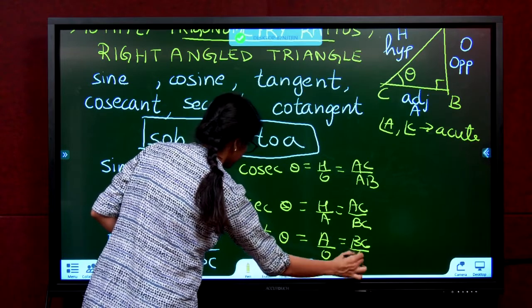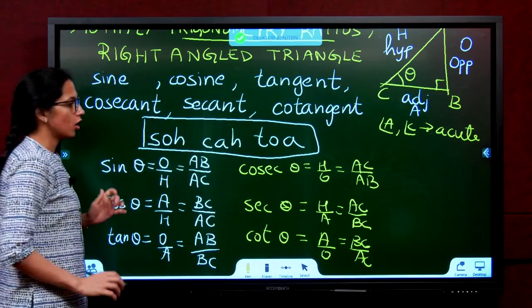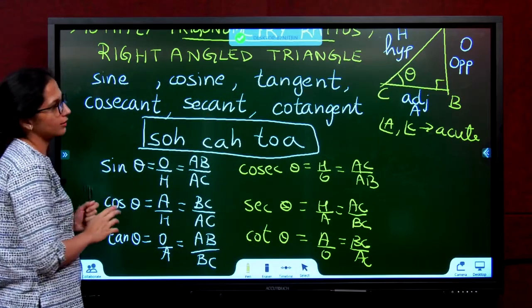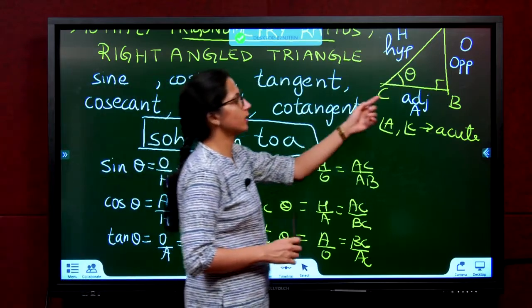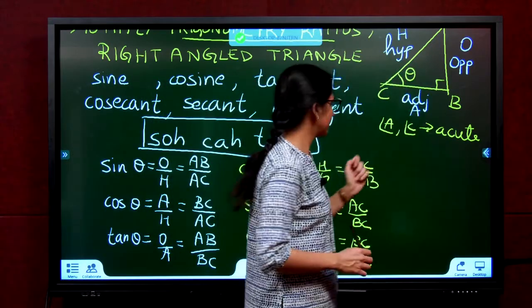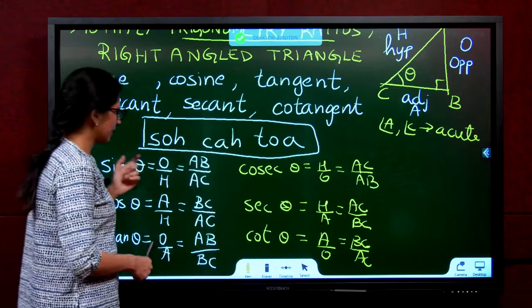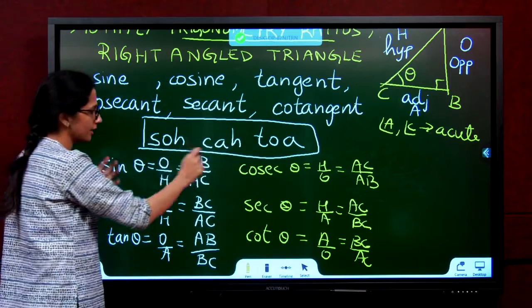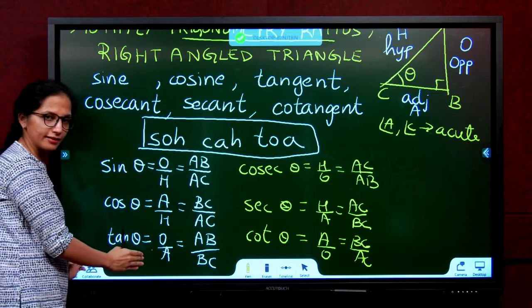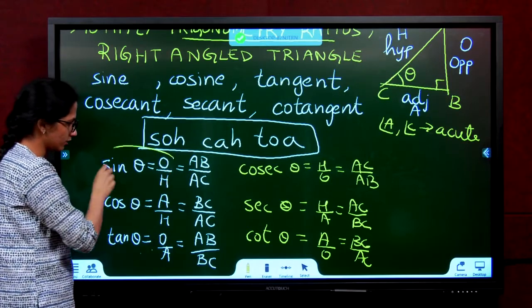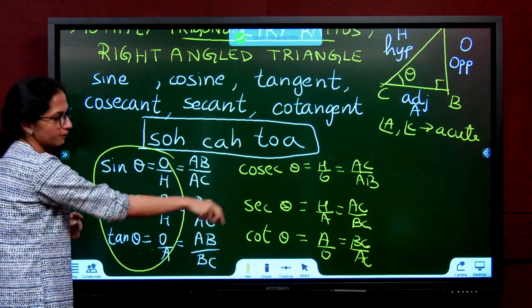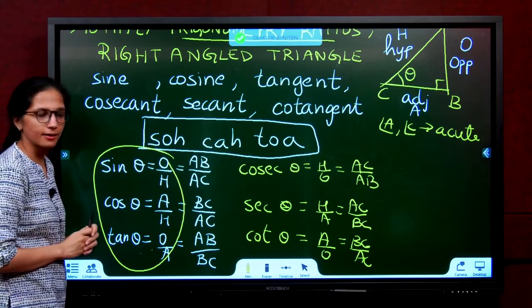BC by AB. So what you need to remember among all this is, we need a right angle triangle. Choose any acute angle as theta, and then you remember the word SOHCAHTOA. Enough. Sin theta, cos theta, tan theta you need to know. Rest of them will automatically come.